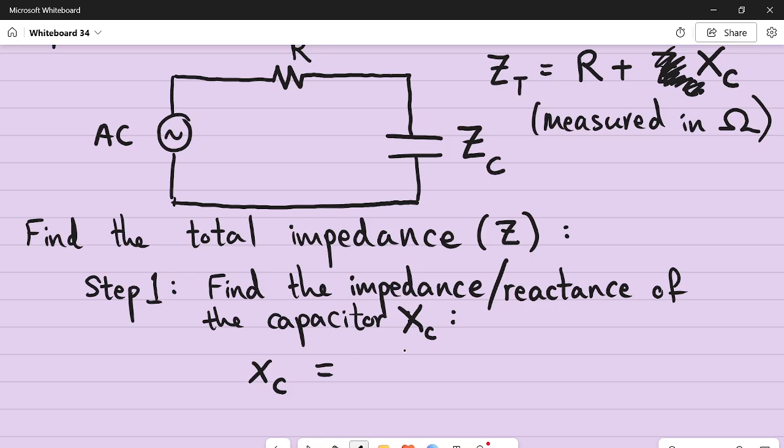So it's 1 over 2 pi FC. Okay. So can you do a little tick on the formula sheets so you know you've done that?